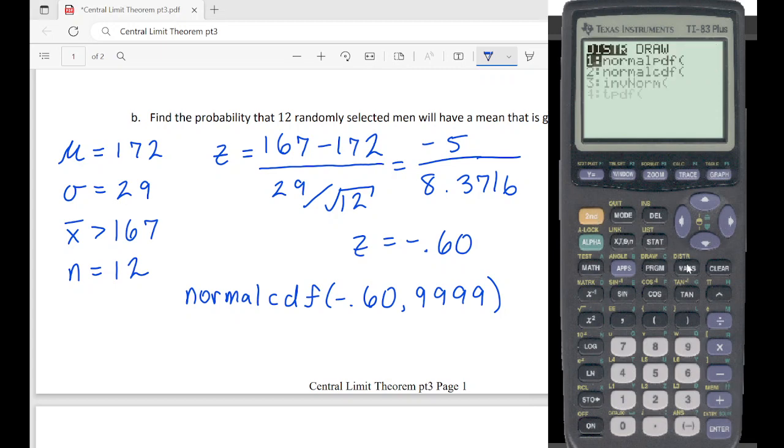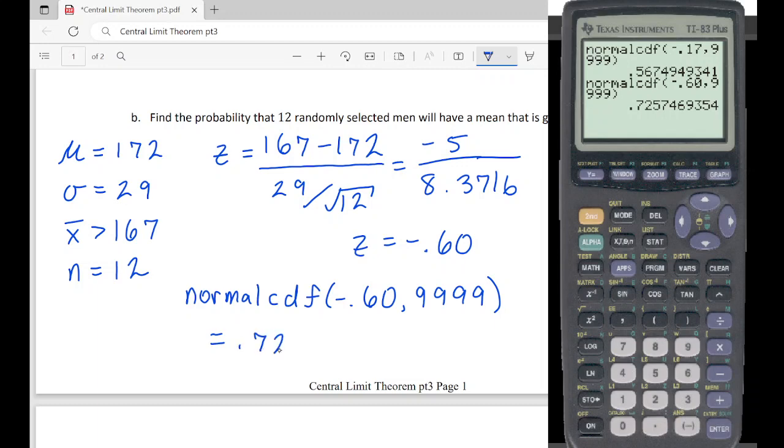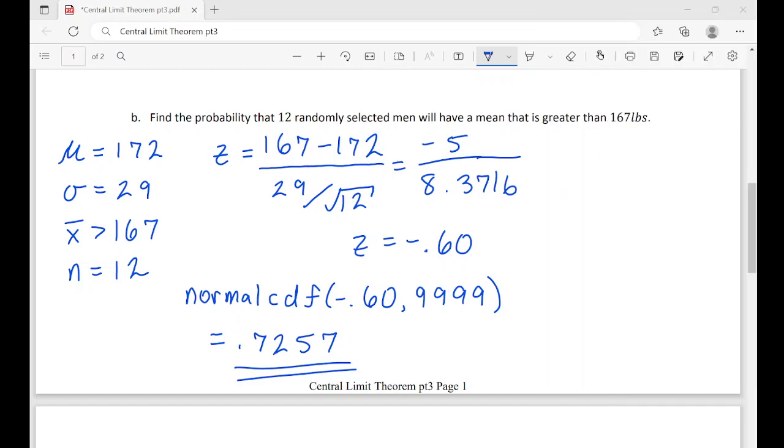Second vars, normal CDF, so negative 0.60, comma 9999, and we're going to get 0.7257. So our probability is 0.7257, which is a fairly high probability of getting 12 men with their mean weight greater than 167 pounds. So it's probably going to overload quite often.